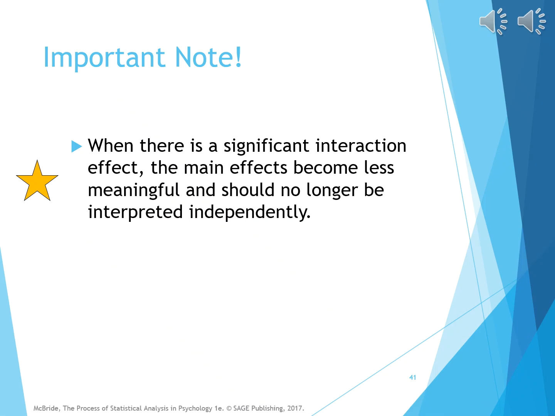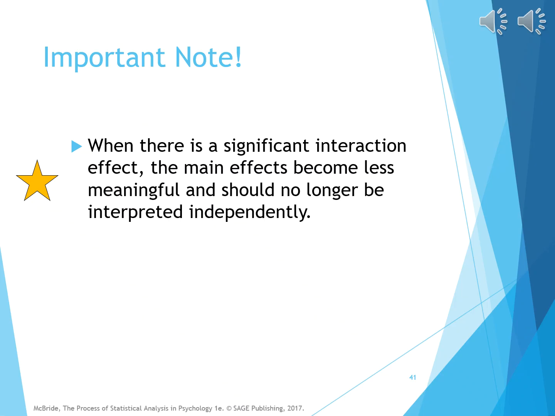Now, if the interaction effect is not significant, that's cool. Then you look at each main effect separately, as if it were its own one-way ANOVA. Maybe one is significant, maybe both of them are significant, you would just follow that up with post hoc testing to actually see which means are significantly different from each other.